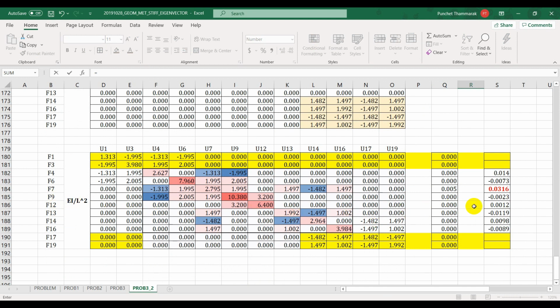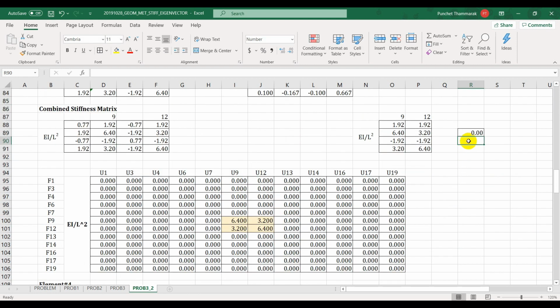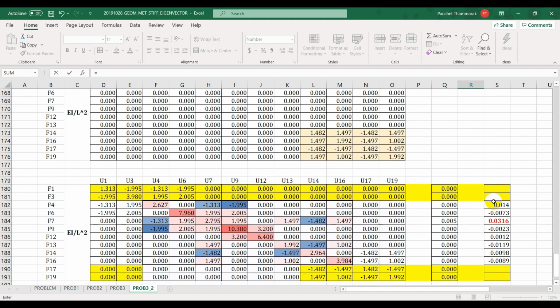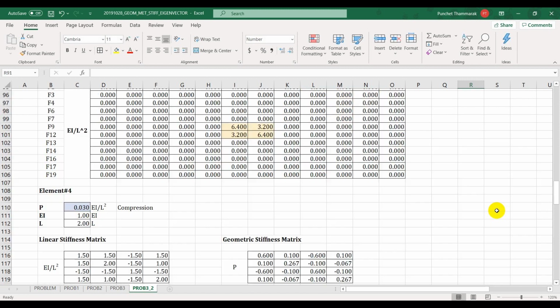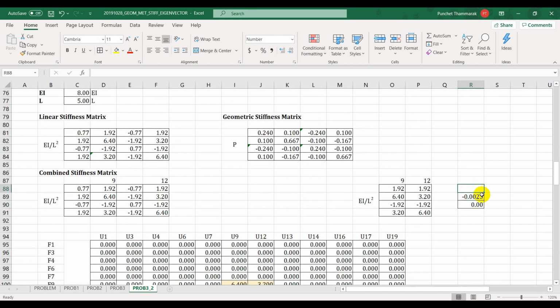U9 is this one, okay, and U12 comes back down again, U12, oh my eyes. So this is a displacement solution we just solved. Multiply by this stiffness matrix.